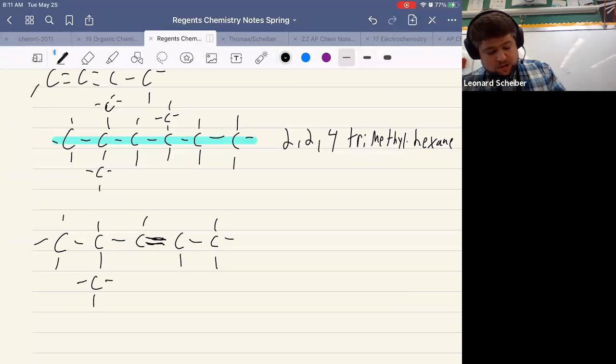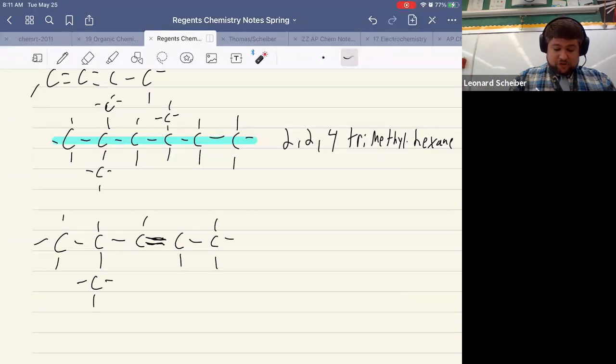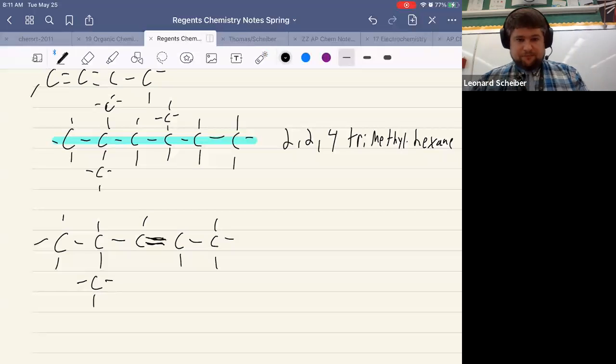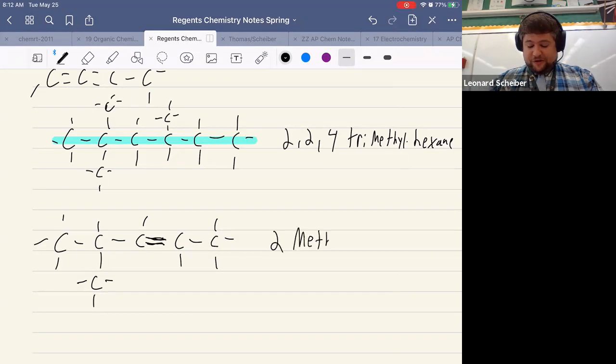Well, for this one, there are two different things. Here's my main chain. Inside of my main chain, there is a double bond, and there's also a methyl group. So let's look at this. 2-methyl, comma, 3, 1, 2, 3, 4, 5, butene, right? Not super hard.